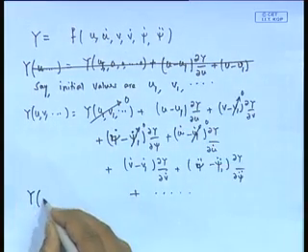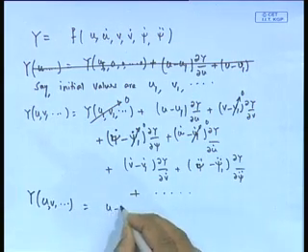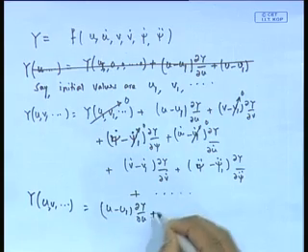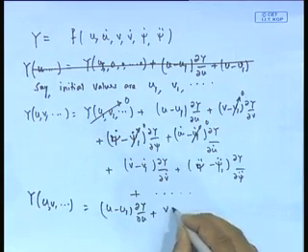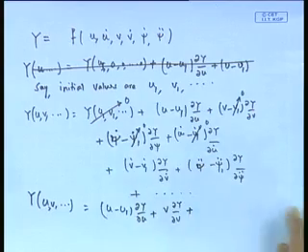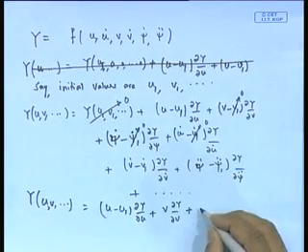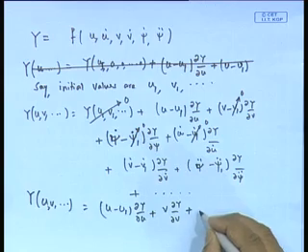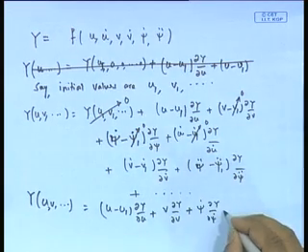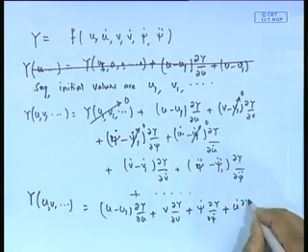I get Y at U, V, etc. equal to U minus U1 dy by du plus V dy by dV, plus you also get psi dot dy by d psi dot, plus, of course, this also we will now neglect later on.